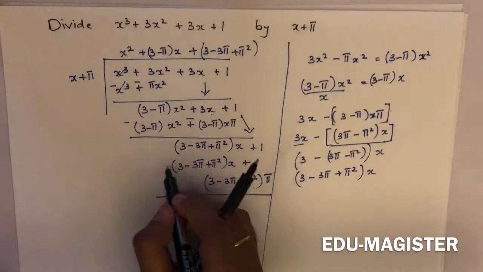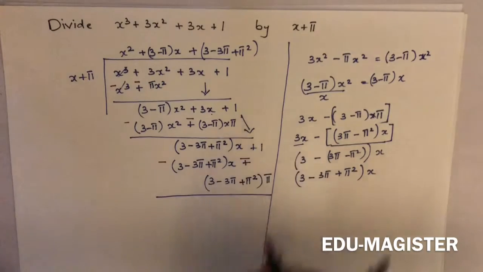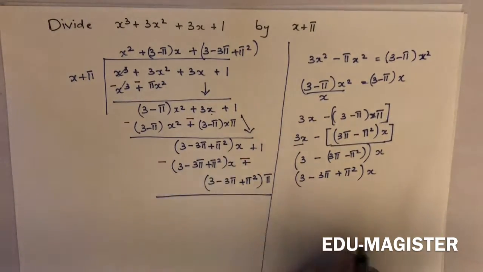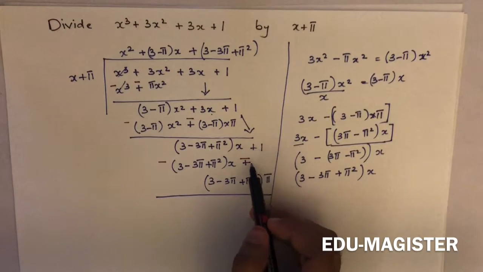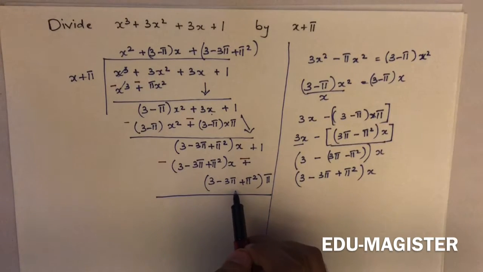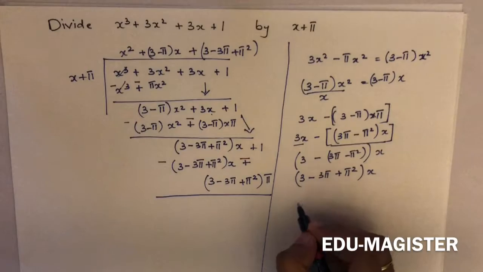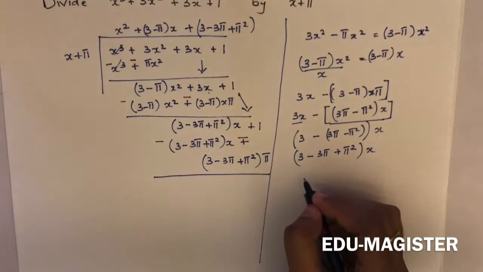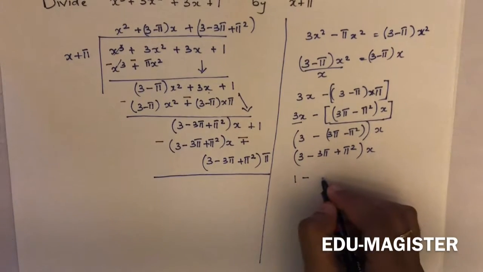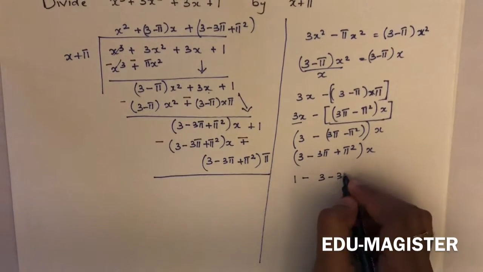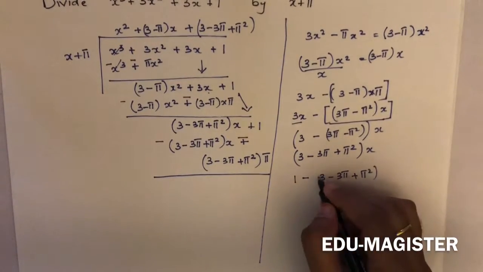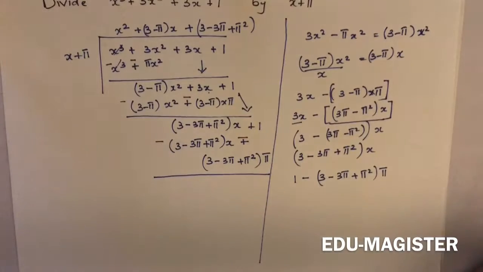Now let me subtract. First of all, this and this term will get cancelled, and we are left with 1 minus 3 minus 3 pi plus pi square into pi. So that is 1 minus 3 minus 3 pi plus pi square into pi.